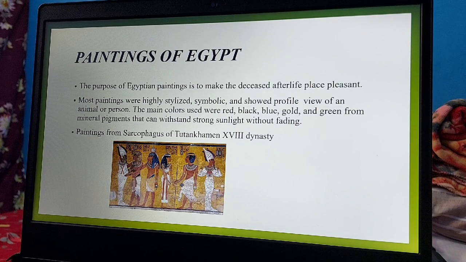The purpose of Egyptian paintings is to make the deceased's afterlife place pleasant. Most paintings were highly stylized, symbolic, and showed a profile view of an animal or person. The main colors used were red, black, blue, gold, and green from mineral pigments that can withstand strong sunlight without fading.